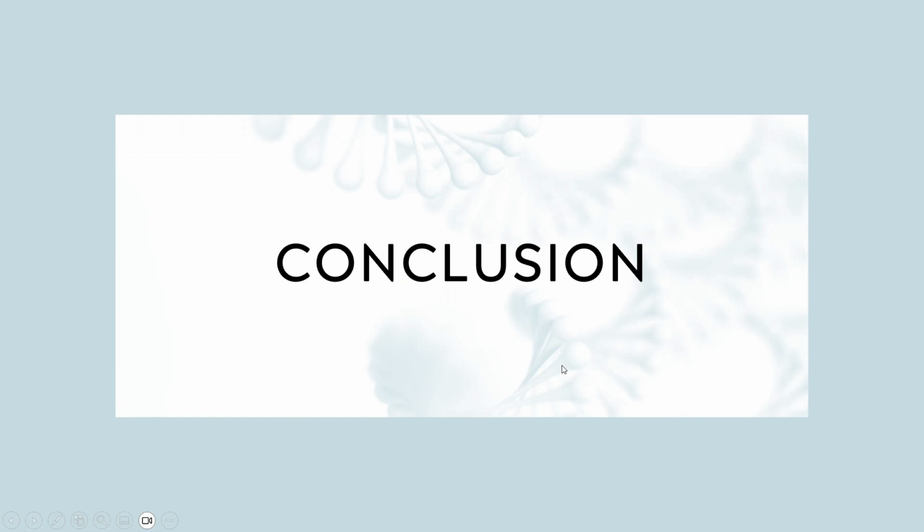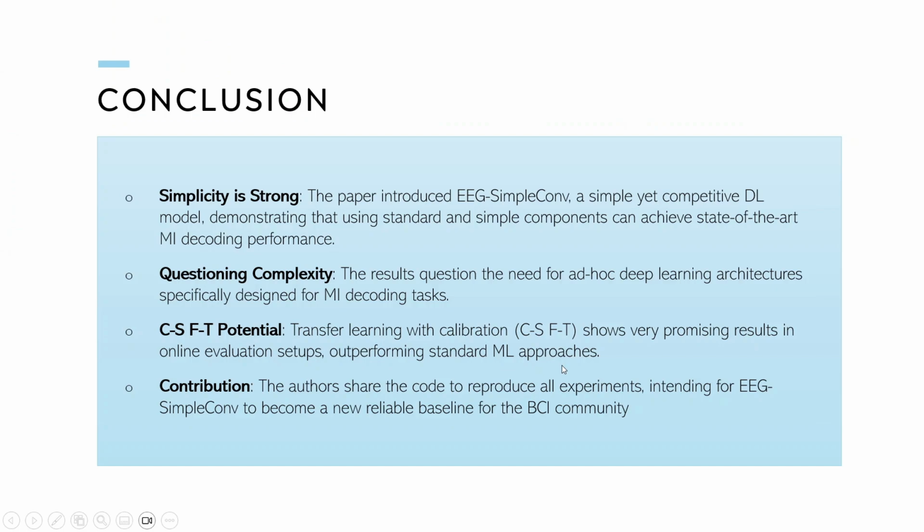Let's go to the conclusion of this paper. This paper introduced EEG SimpleConv, a simple yet competitive deep learning model, demonstrating that using standard and simple components can achieve state-of-the-art motor imagery decoding performance.